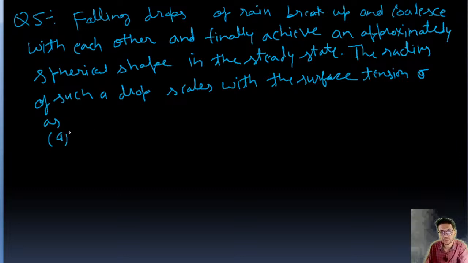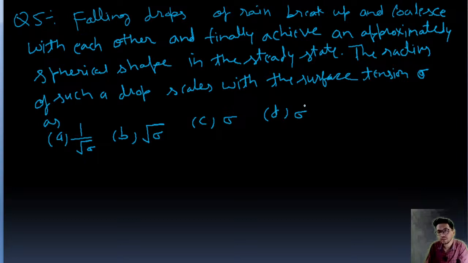Options are: option A, 1 upon root sigma; option B, root sigma; option C, sigma; and option D, sigma square. Sigma is surface tension.